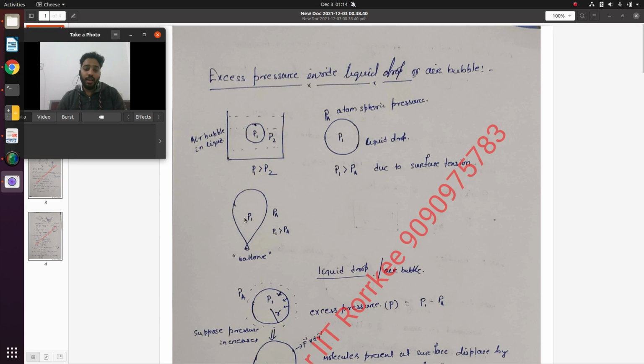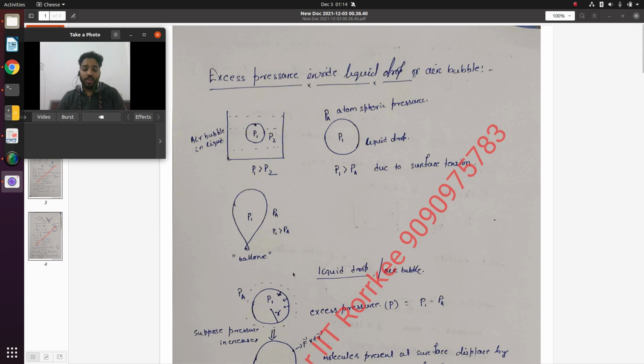You know that air always moves from higher pressure to lower pressure, so that's why P1 is greater than Pa, and this difference between the inside pressure and the outside pressure is known as excess pressure, and we will see today what is the relation between this excess pressure and the surface tension.